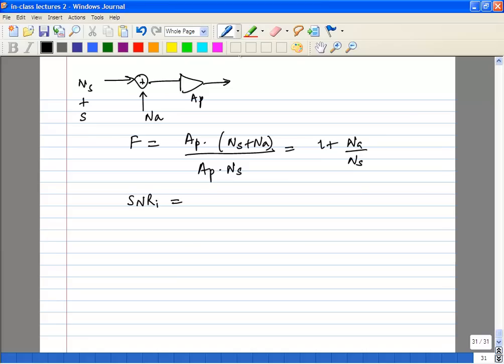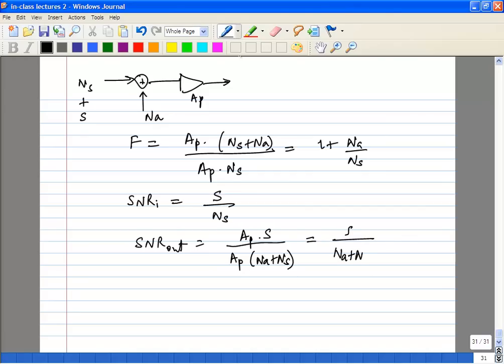Let's say it also comes with a signal power S. What is the input SNR? It's S over NS. What is the output SNR? The signal goes up by AP, which gives S over NA plus NS.